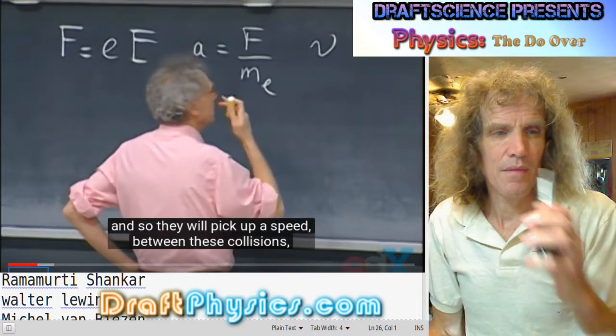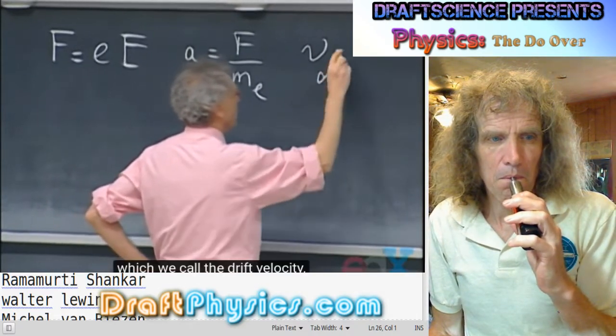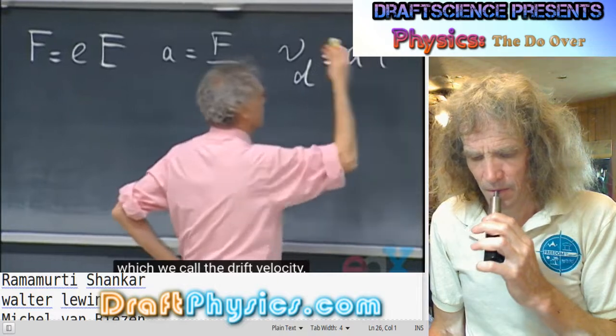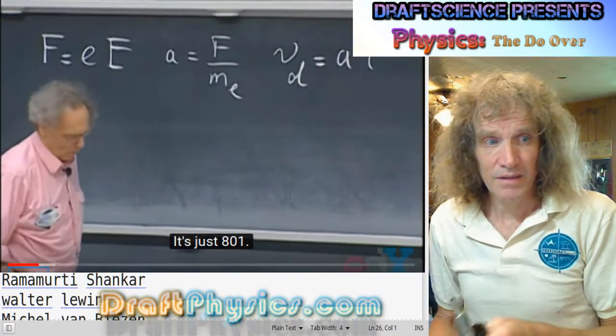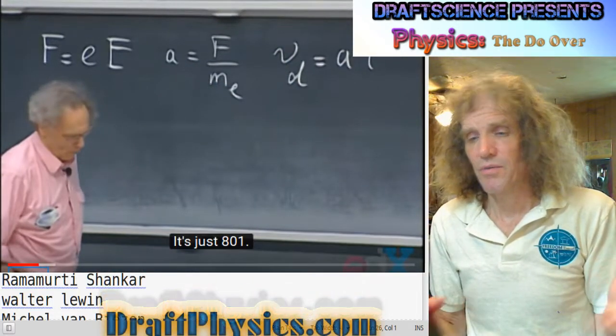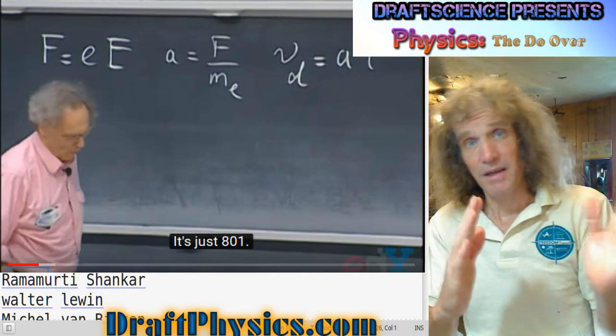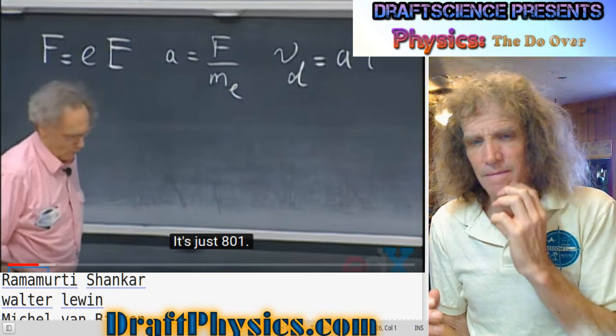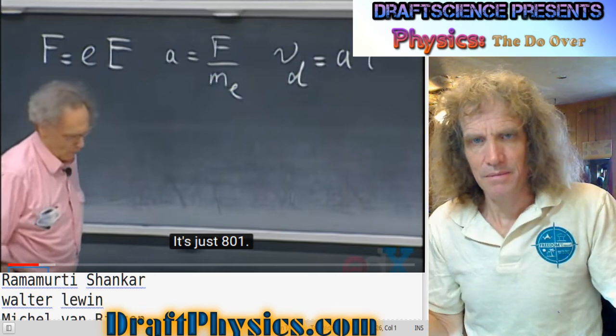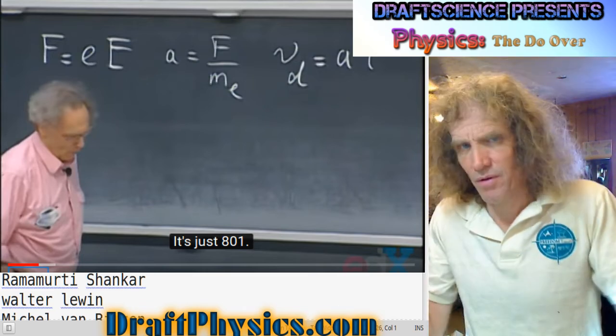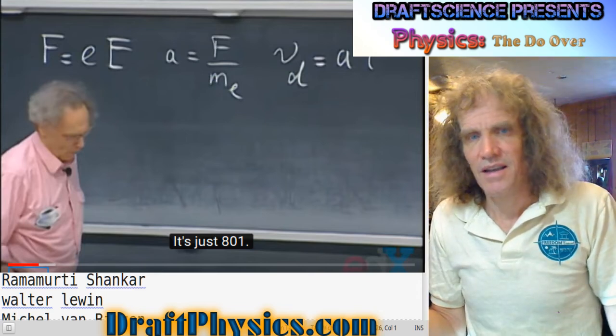Speed between these collisions, which we call the drift velocity, which is a times tau. So this drift velocity just has to do with their estimate of how much progress electrons make going through the conductor, and the drift velocity ends up being preposterously slow, and the whole thing doesn't make much sense.